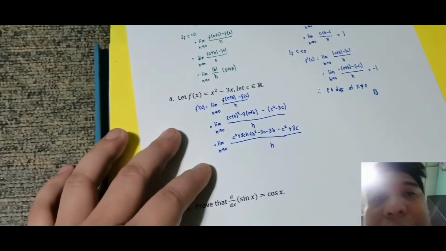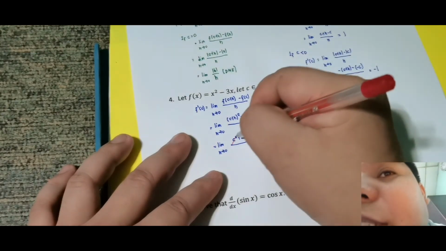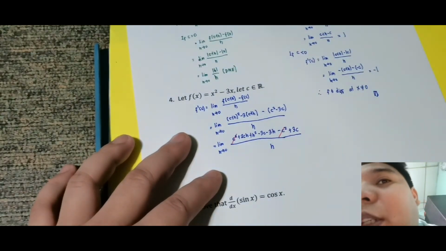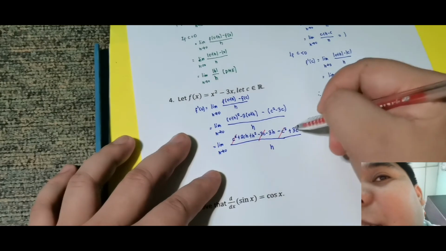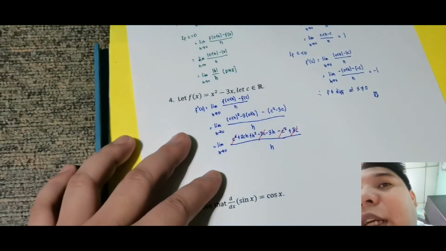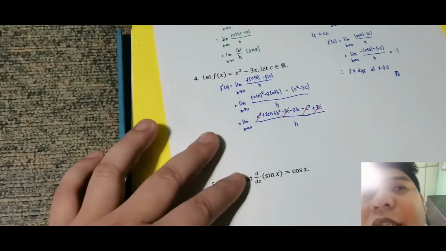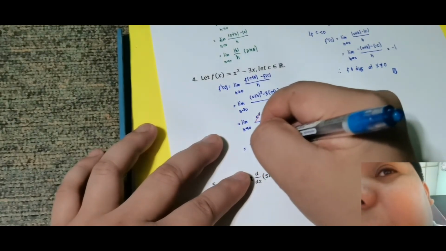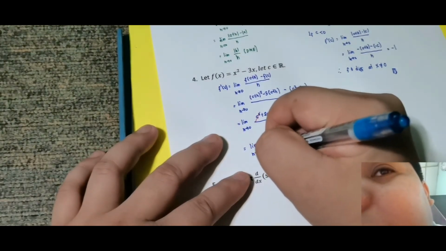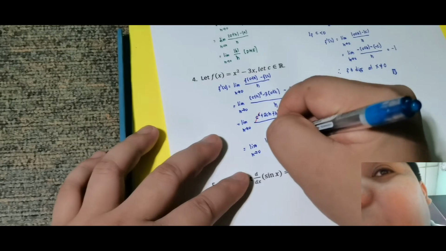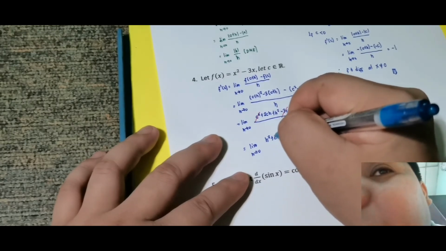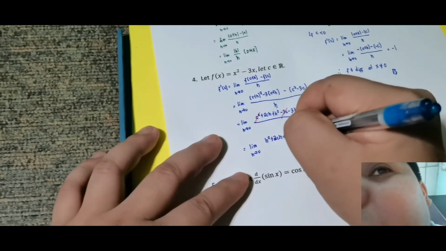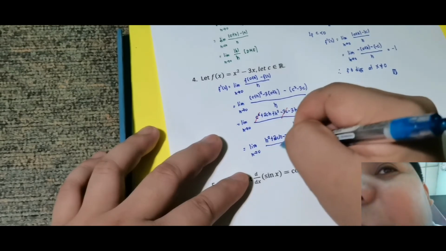So kung mapapansin mo, may cancel tayo dyan. Sino? Si c squared. Sino pa? Si negative 3c. Saka si 3. At wala nang iba. So natira na lang is just the limit as h approaches 0 ng h squared plus 2ch minus 3h over h.